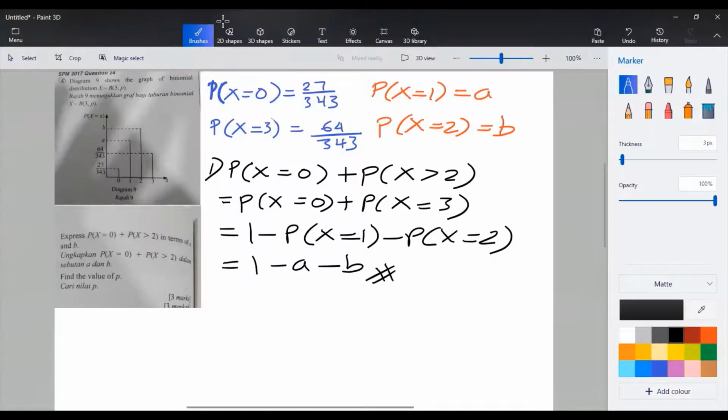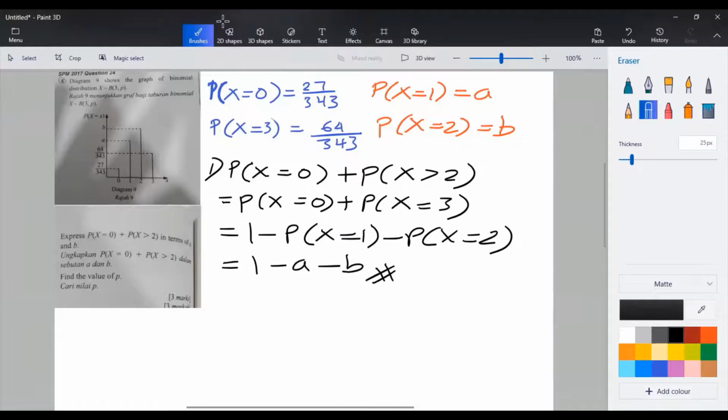Okay, so now how to find the value of p here? Use the formula. I think use these two, isn't it? Because the value of p stands for what? The p is the success rate, isn't it?